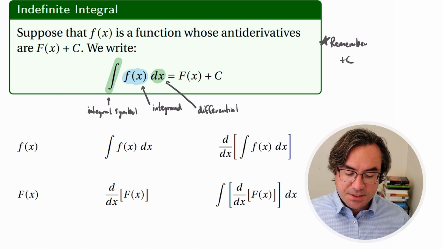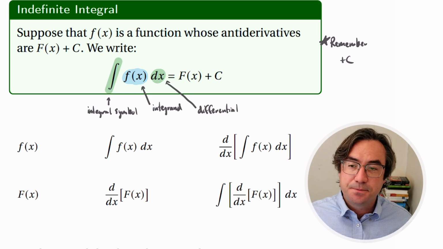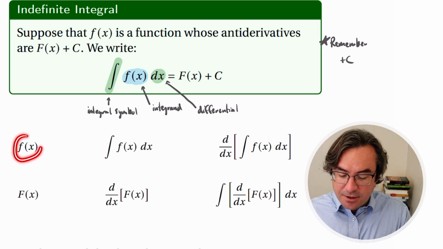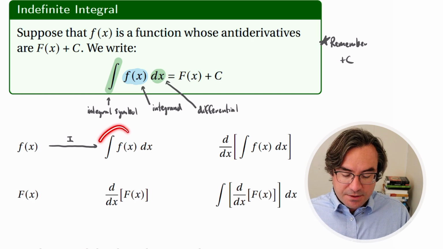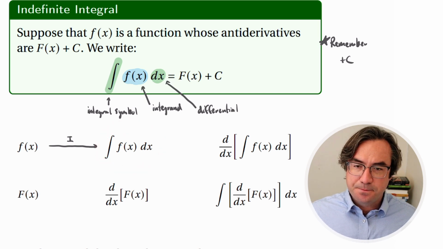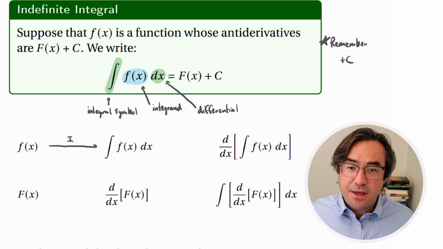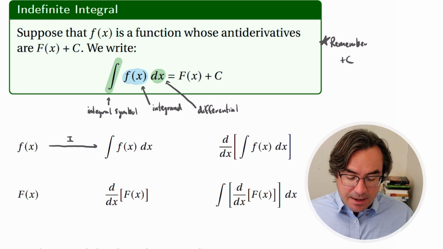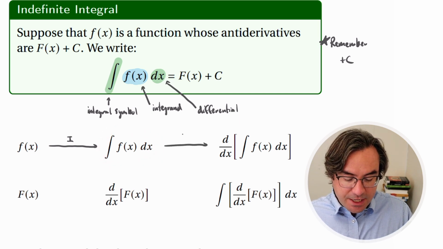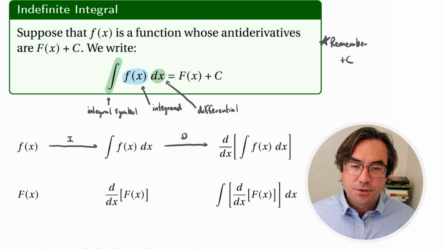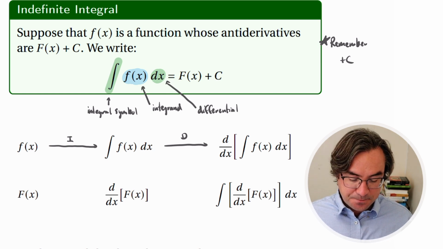All right, so let's see what this integration does. Let's say we started with a function little f and we integrated it. Then we get something called the antiderivative, the integral of f of x dx. Now let's suppose we take this result and then differentiate it.